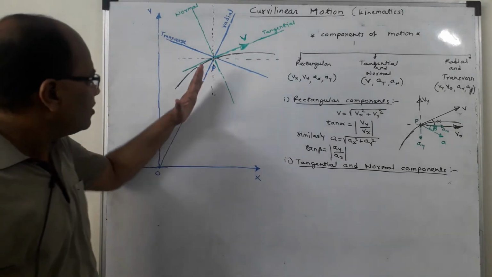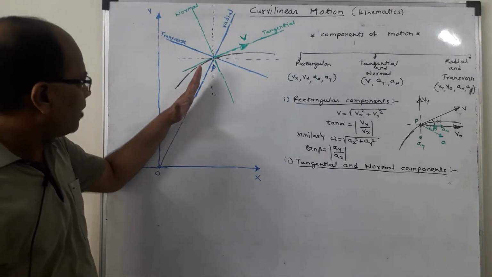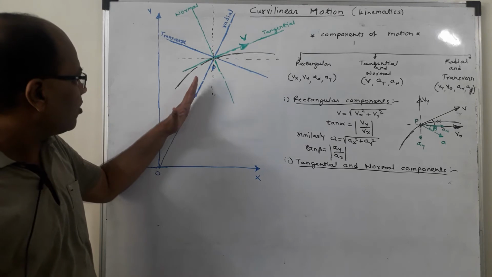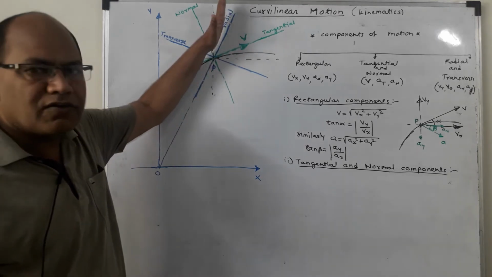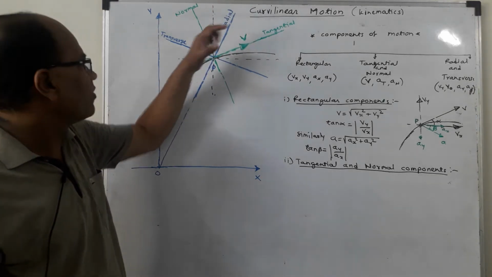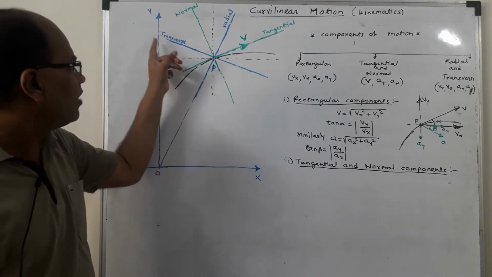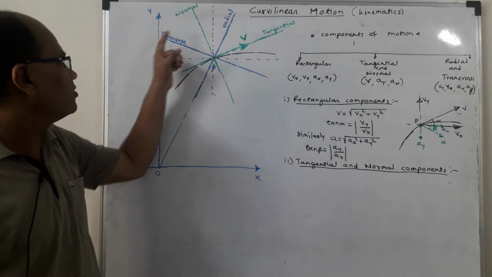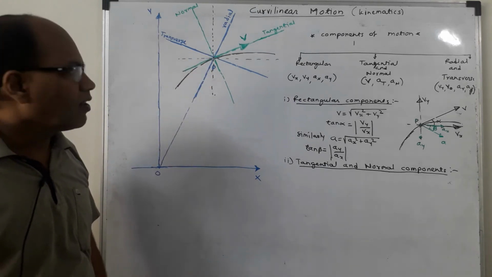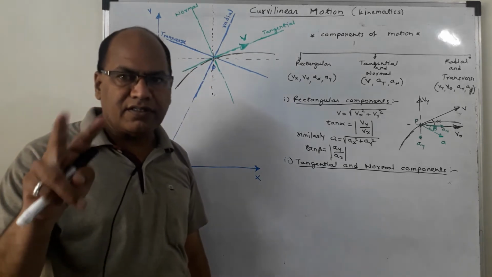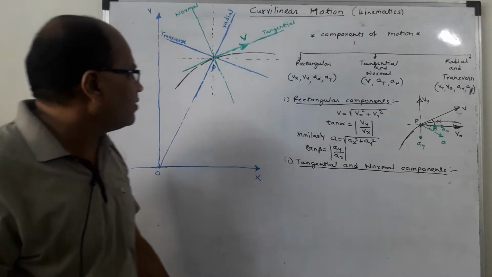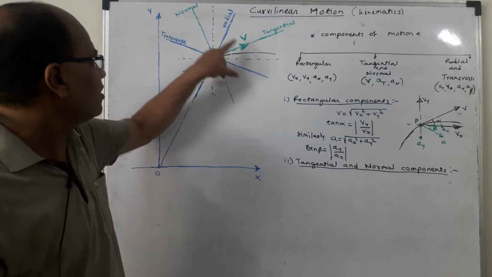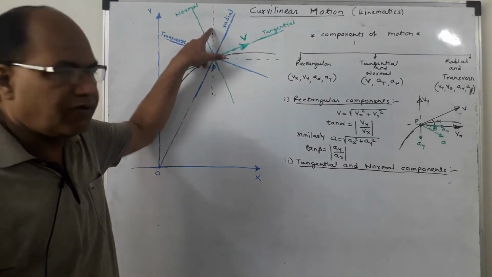So if the x axis is assumed parallel to this position vector or along the position vector, it is called the radial direction, and the other axis, say the y axis, is assumed perpendicular to this, which is called the transverse direction. So there are three different systems in which the reference axes can be assumed: the traditional x and y axis.